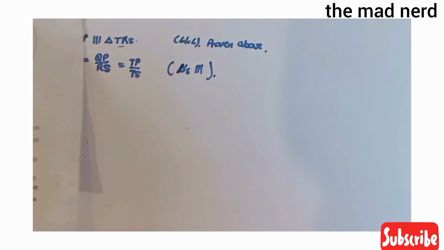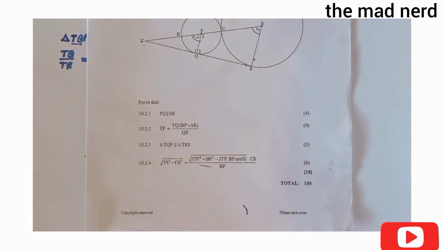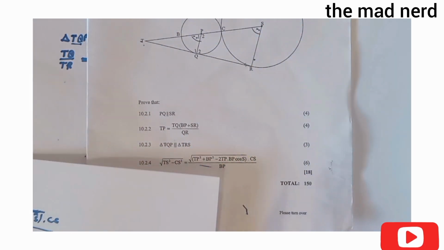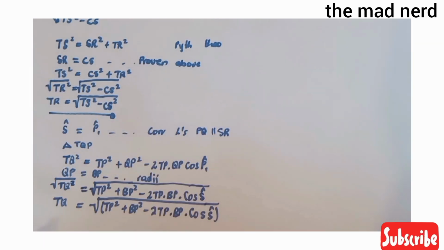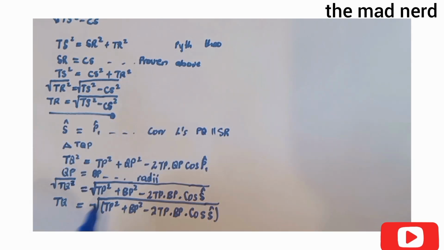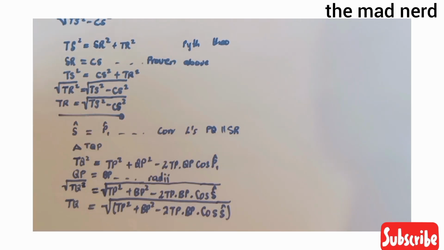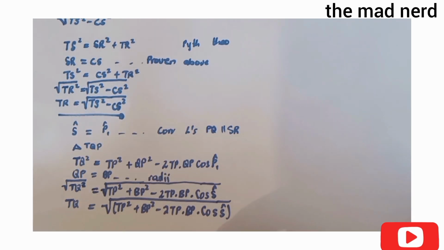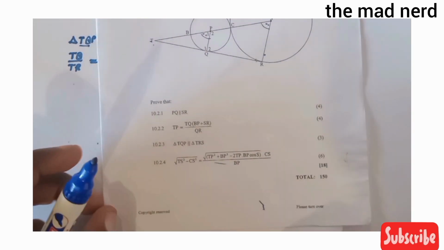And then now we can try to find, since we have the side that is TR and a side that is TQ, and that they can give us these, we can replace them with these two. Then we find the side TR and the side TQ that can give us this final answer over here.